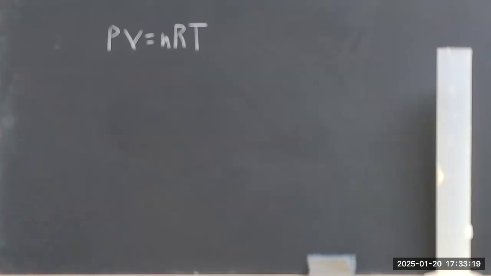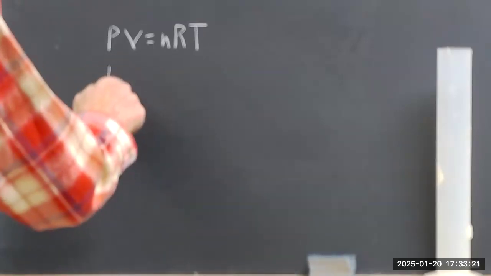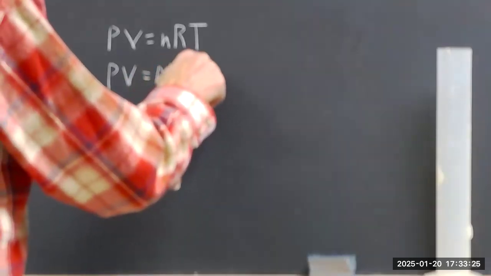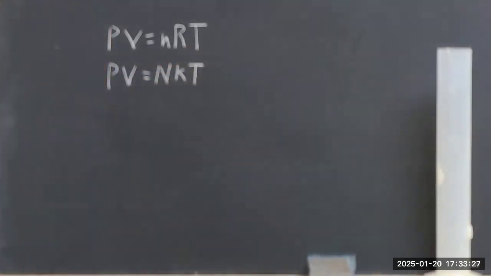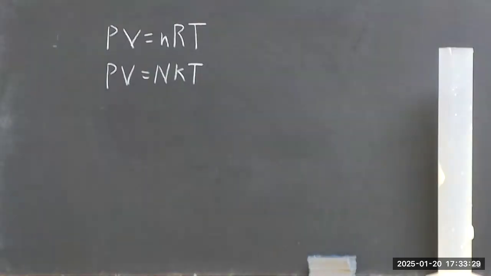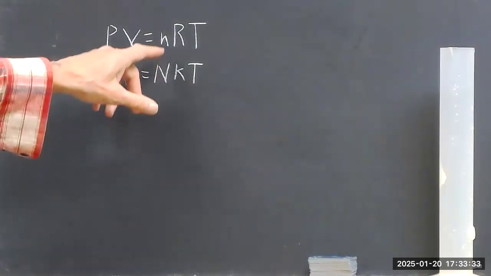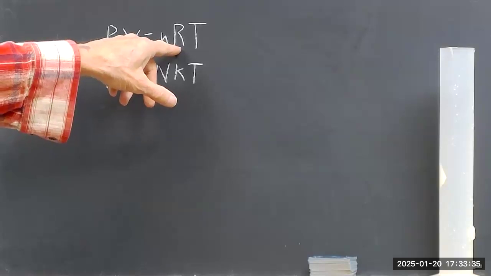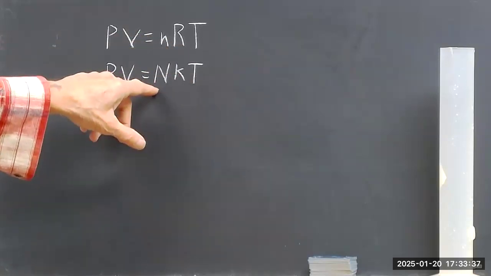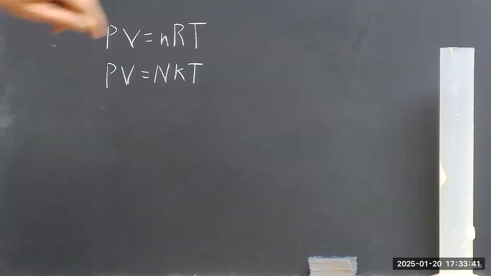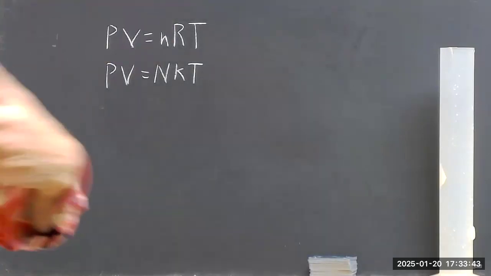Okay. There's also another version of this that you might as well think about right now because it's coming up very quickly. We also have PV equals NkT, with a lowercase n and a capital R in the first, and an uppercase N with a lowercase k in the second. Okay, what is n? Well, you should know this.